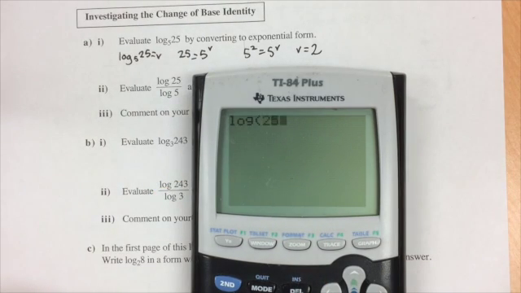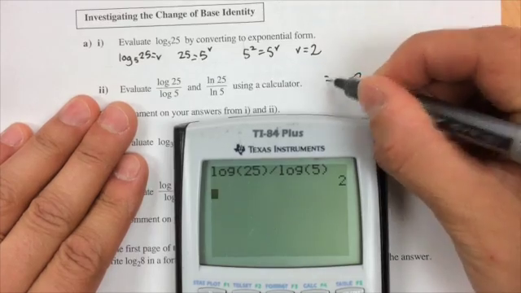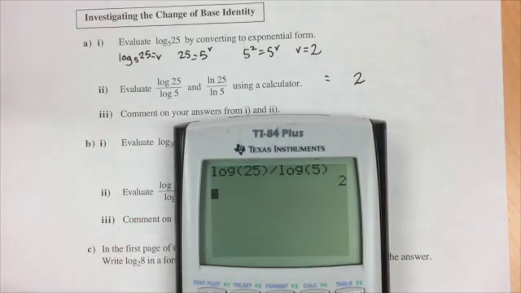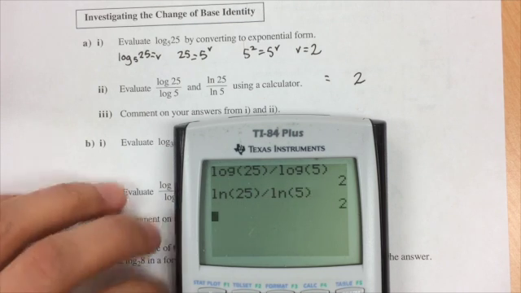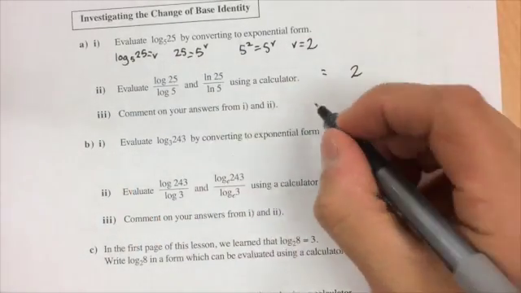This gives me log base 10, a common log, to come up with an answer. That is equal to 2, and if I use my natural log divided by ln 5, I get the same answer, 2. So they're the same.